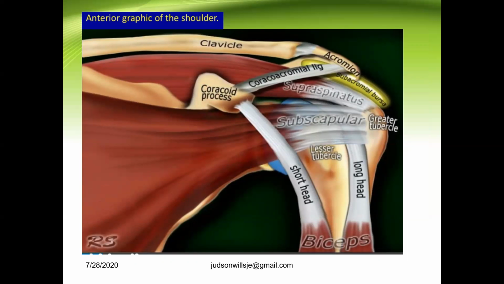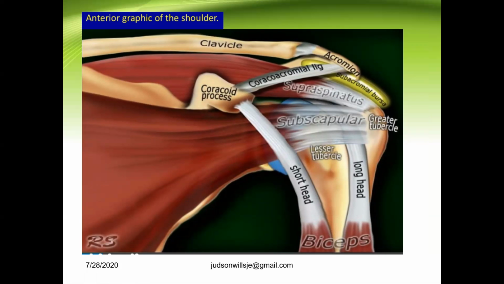Next, when we move to the anterior representation of the shoulder, there are many tendons. The tendon of subscapularis is attached to both the lesser tubercle as well as the greater tubercle, giving support to the long head of biceps in the bicipital groove.